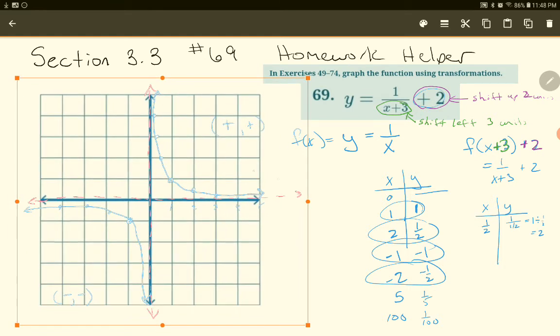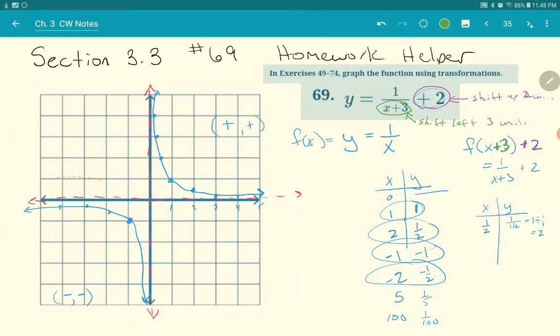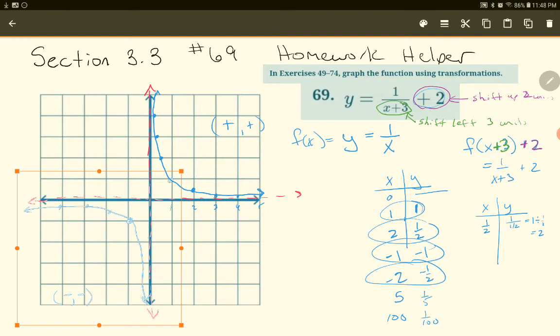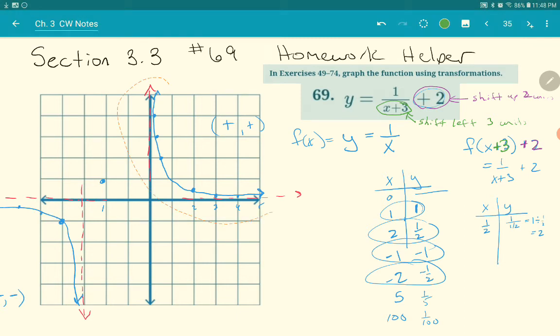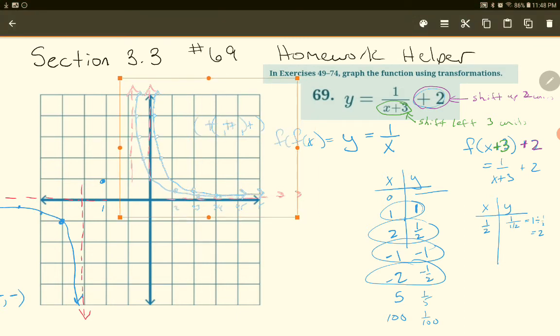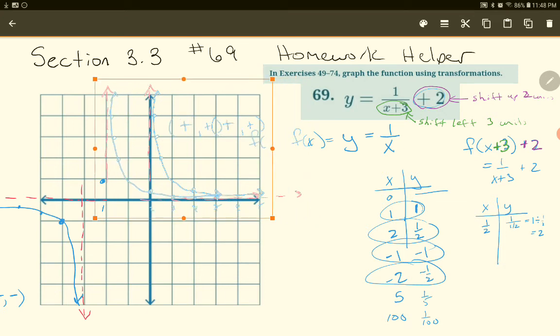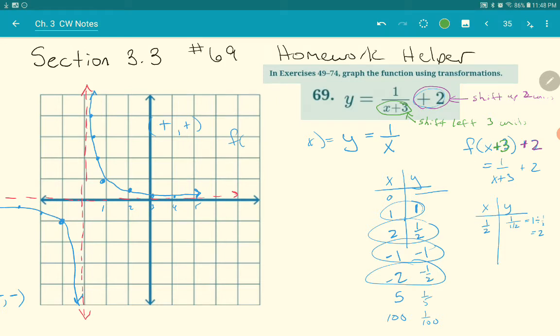Nope, doesn't work. So I'll just do one at a time. So that's 1, 2, 3, and then I'll do this one too. 1, 2, 3. So that's my horizontal shift.